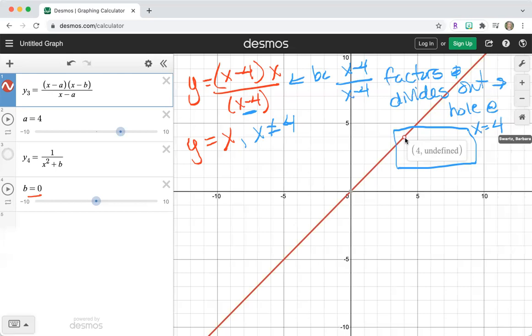And so this is again why we talk about these places just as the x value, because technically there's not a y value. It's undefined. So we can't really write it as a point. We just use the x value. So we have this hole. So we have these different types of discontinuity depending on how we can algebraically manipulate these rational functions.